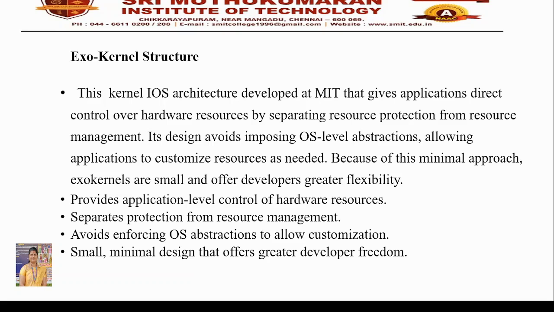The exokernel structure refers to the architecture of an exokernel operating system, which is designed to give applications direct control over hardware resources while keeping the kernel extremely small. The exokernel's responsibilities are security, allocating resources, and preventing illegal access. It manages physical memory pages, CPU time slices, and disk blocks. It's a small, minimal design that offers great developer freedom.